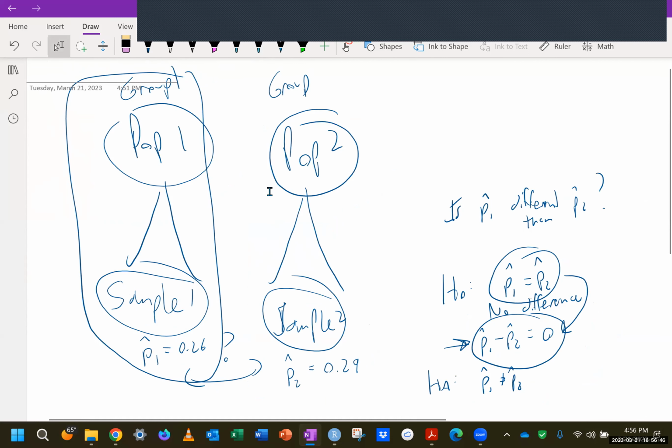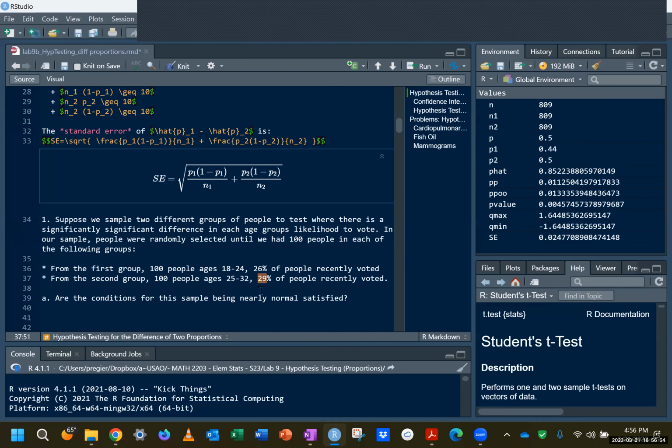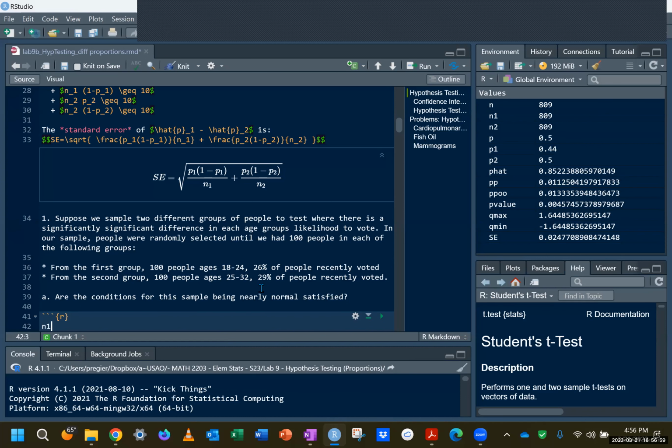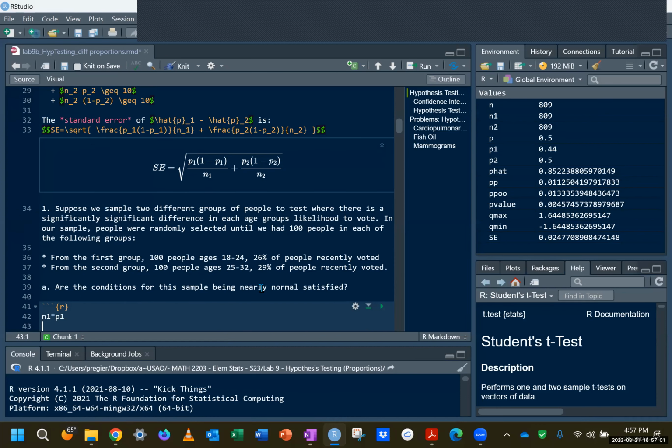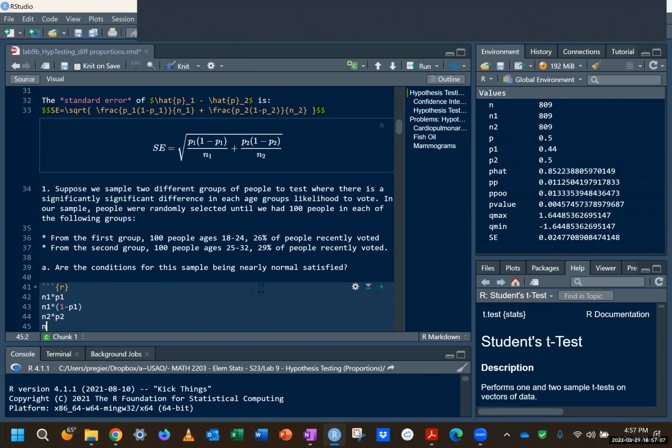And what I mean by significant is, is it more of a difference than you'd see from random chance? So here's how we test that. First, we have to check the conditions for being nearly normal. So I want to find N1 times P1, N1 times 1 minus P1, N2 times P2, and N2 times 1 minus P2.